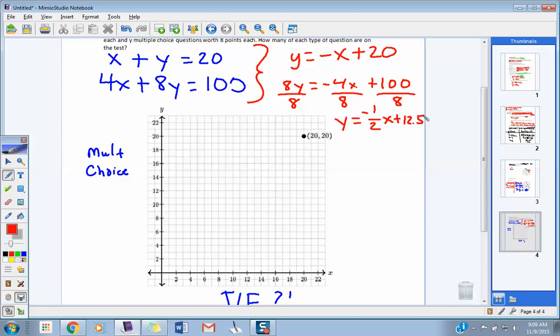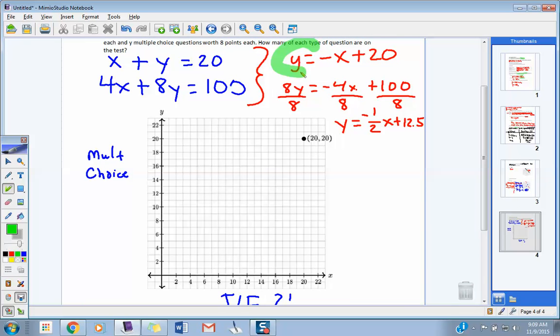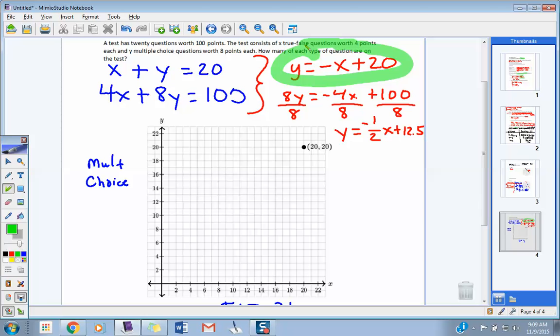Okay, so graphically, I want to be careful on this one right here. I have an equation that's alone up here, the slope-intercept form, and I also have this equation in slope-intercept form. We're going to go ahead and graph those now. So on this first one right here, guys, where am I going to start? 20, and then through that point, what's your slope?